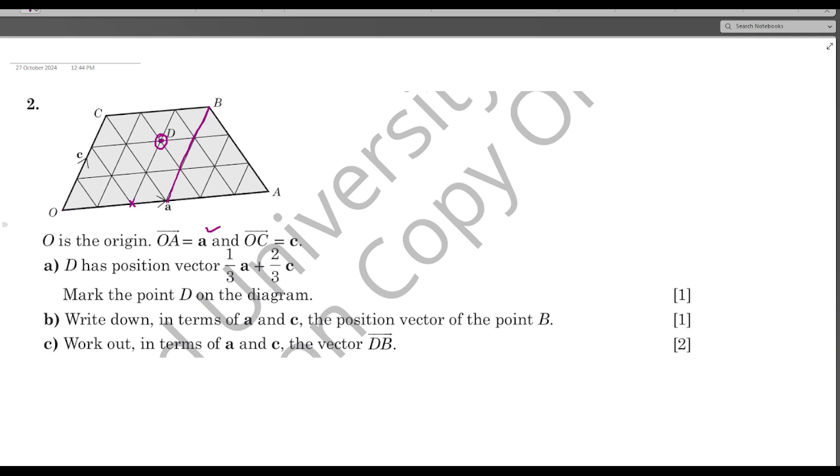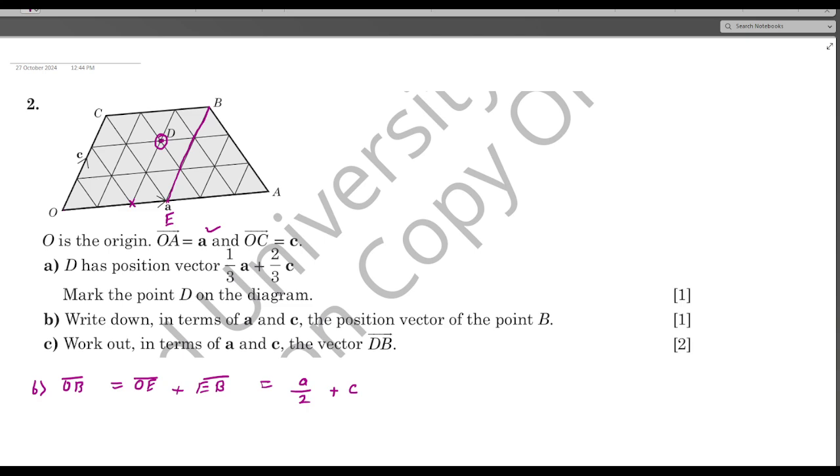So if I name this point as E, then position vector of point B, your OB bar, will be equal to your OE bar plus your EB bar. Now E is the midpoint of OA, so this will be equal to A divided by 2 plus EB, as it is parallel to OC, it is going to be equal to C. So A divided by 2 plus C is your position vector of point B.